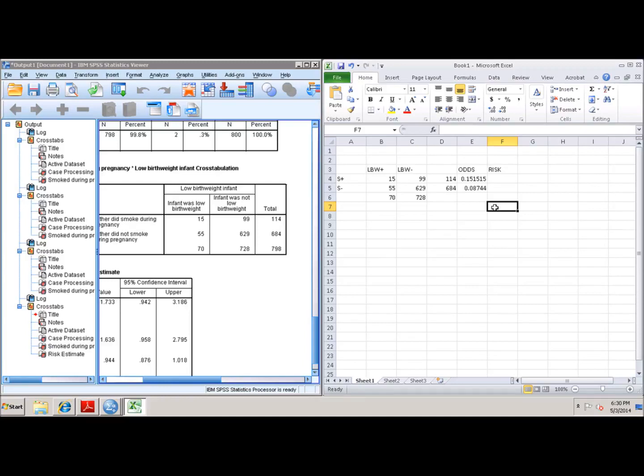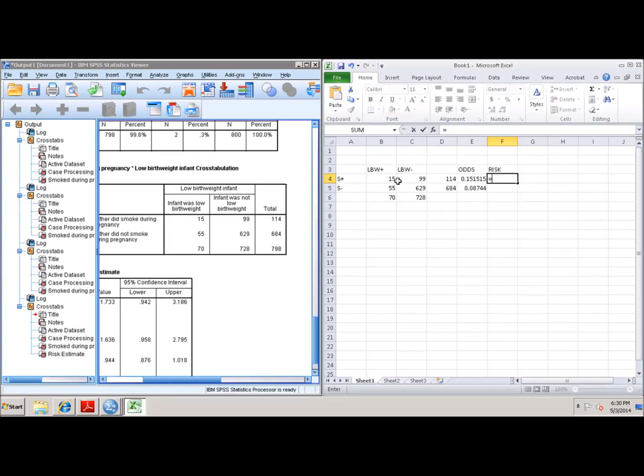So in this case it's not appropriate, but you can still simply calculate it. Risk is simply the probability. In this case it's 15 divided by 114. So it's the probability of low birth weight given smoking. If you guys remember the probability labs, the conditional probabilities, this is simply a conditional probability. It's the probability of low birth weight given that a mother smoked.